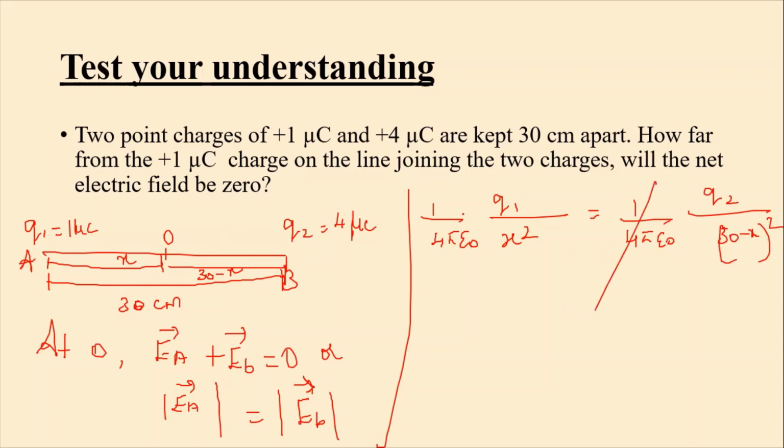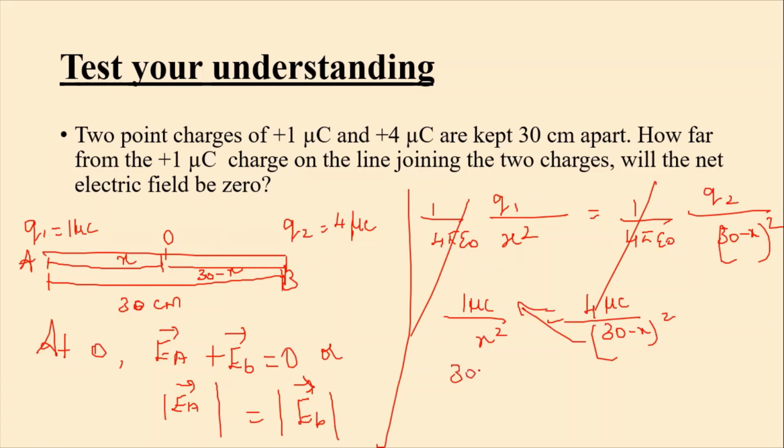This will get cancelled. This will get cancelled. So what is the value of Q1? 1 microcoulomb by X square will be equal to 4 microcoulomb by 30 minus X the whole square. Correct?